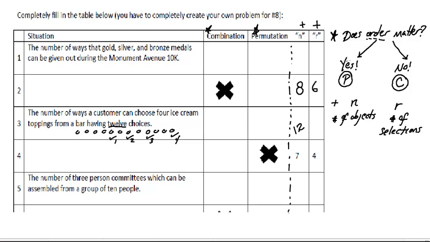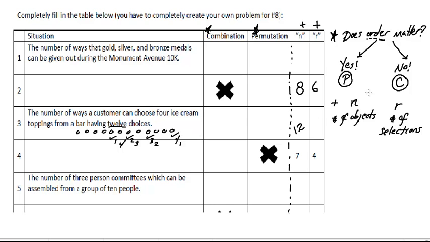Now the question becomes, does order matter? Well, let's say if I reverse these, so instead I did 1, 2, 3, 4. Have I changed the ice cream? I think it's pretty clear here that we haven't. If there's 4 toppings and they're the same toppings, it doesn't matter what order we put them in, they're all still atop the ice cream.